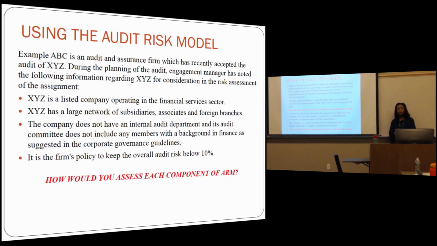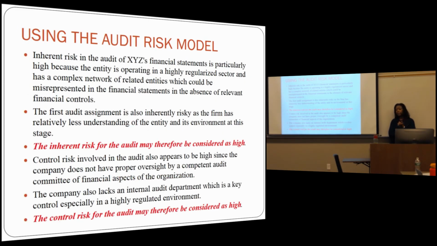Okay. So inherent risk, right, is high. It's operating, as Casey pointed out, in a very regulated industry. It's a complex business operation. Because of the lack of the internal audit group and the oversight, there's a lack of financial controls, right?